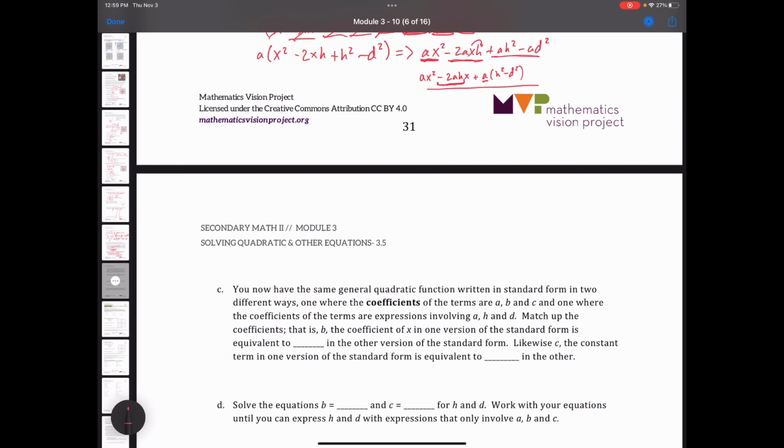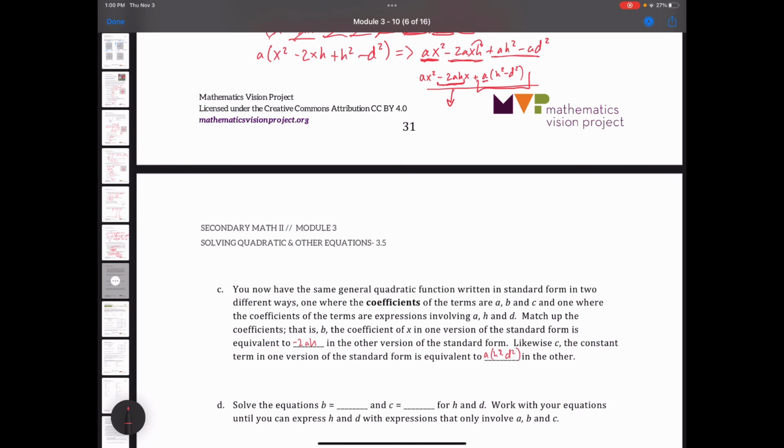So now let's see. It says that b, the coefficient of x in one version of the standard form, is equivalent to this thing right here in our new form that we just found. It's equivalent to negative 2ah, okay? Likewise, c, the constant right here, is equivalent to a times h squared minus d squared. Okay?